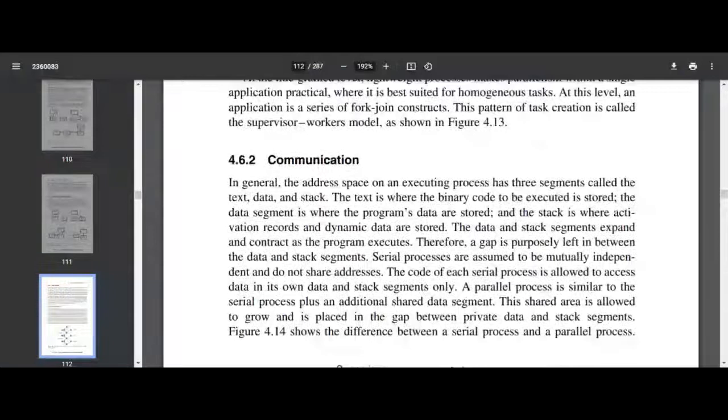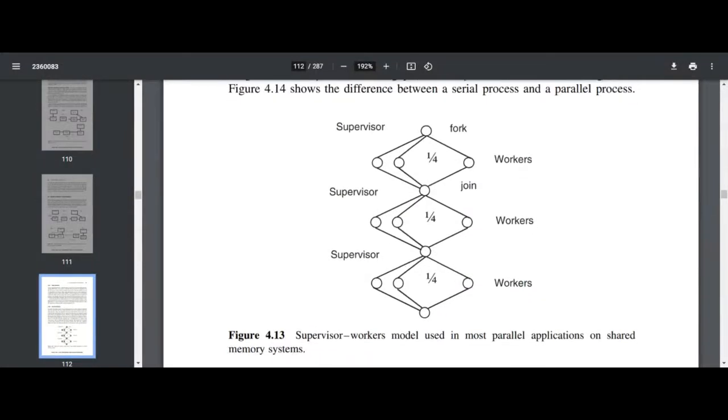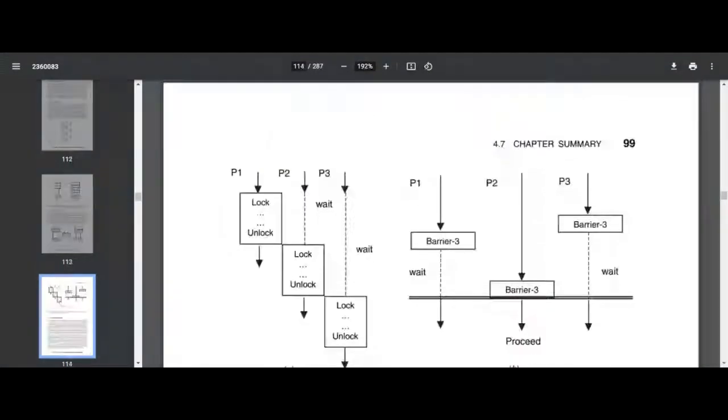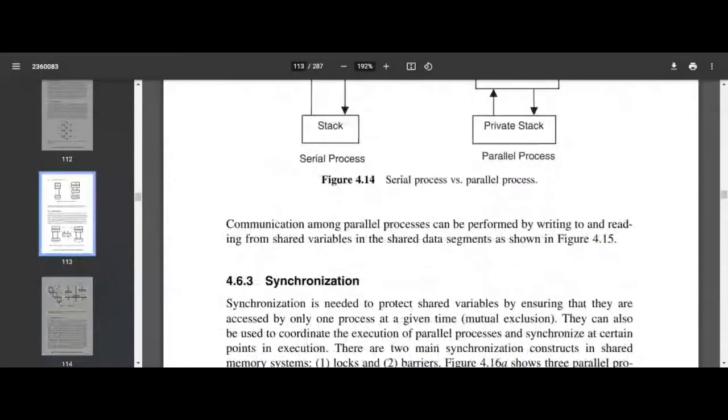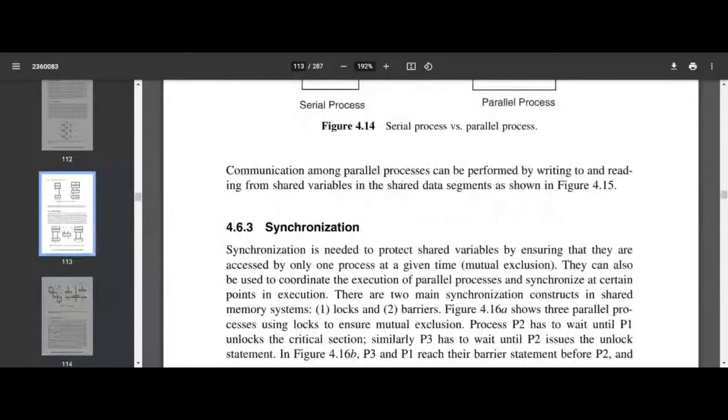So we'll go to the communication, and before it we are going to see one more thing, that is synchronization. We have discussed it. There are only two topics remaining. Synchronization is needed to protect a shared variable by ensuring that the element placed in memory has to be acknowledged by other elements.